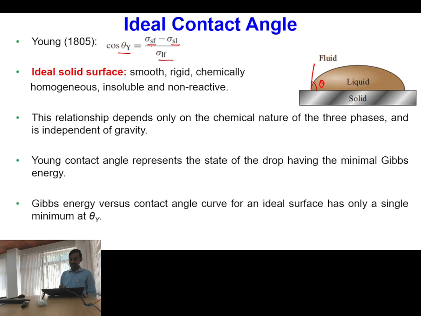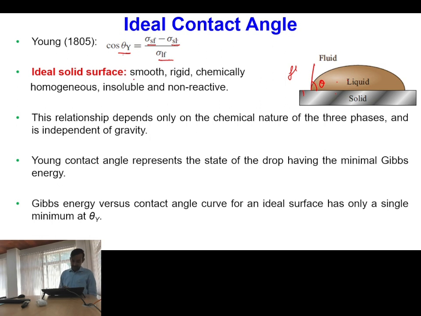this equation, where sigma SF is the surface tension between solid and fluid, SL is between solid and liquid, and LF is between liquid and fluid. The combination of all these gives you nothing but the equilibrium contact angle.